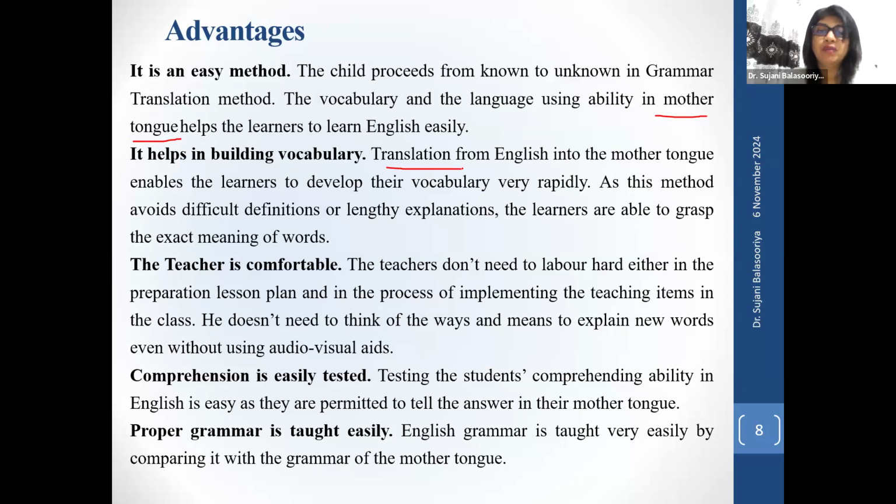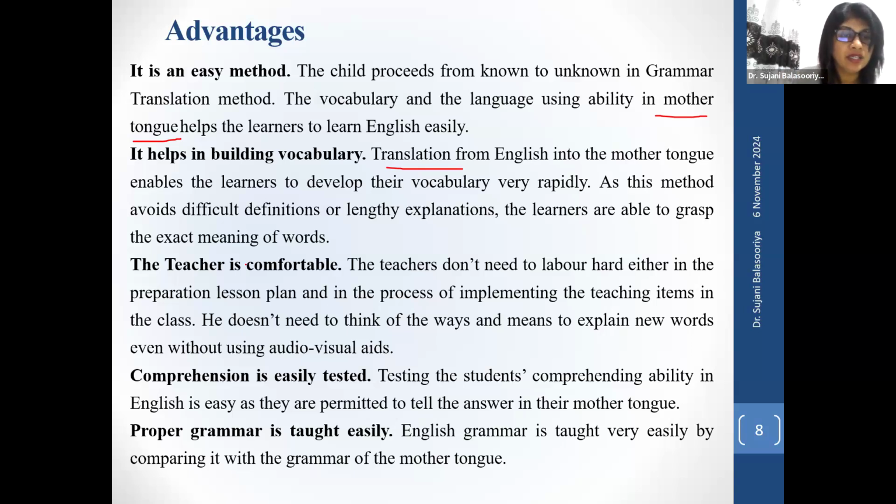So if you want to learn the English language, you have to do it via translation. Imagine that you don't have enough knowledge about vocabulary, then you can't do the translation. Therefore, GTM is a good means for the learner to build up a very good vocabulary. A big number of words can be exposed to the learner in the process of translation. So that is another benefit.